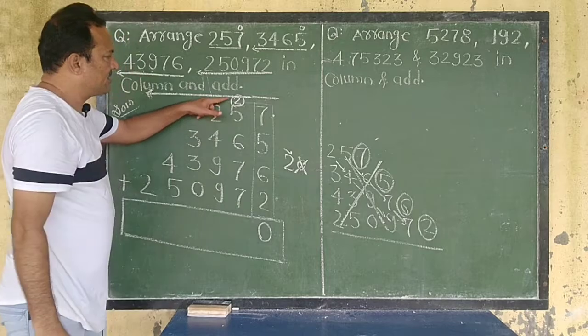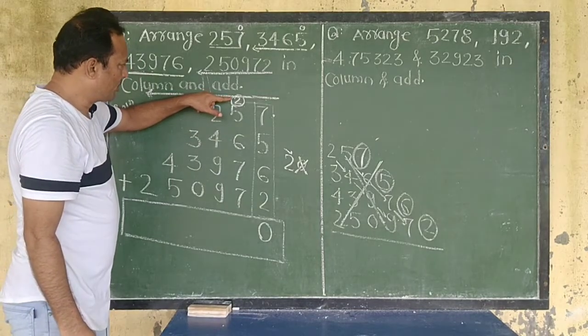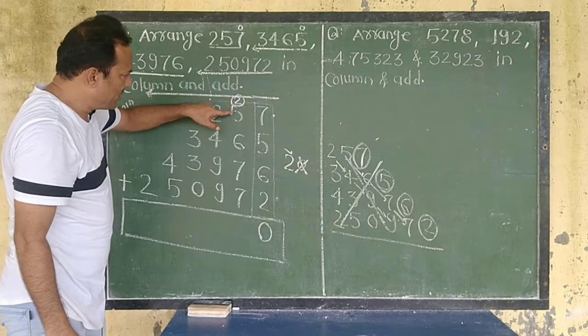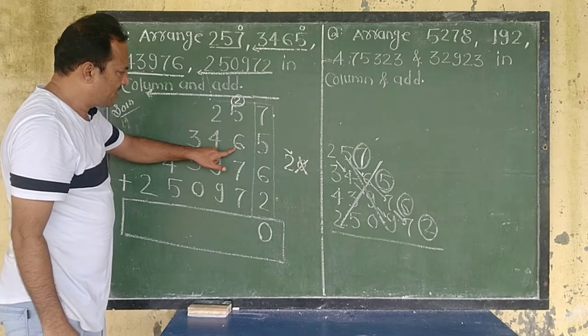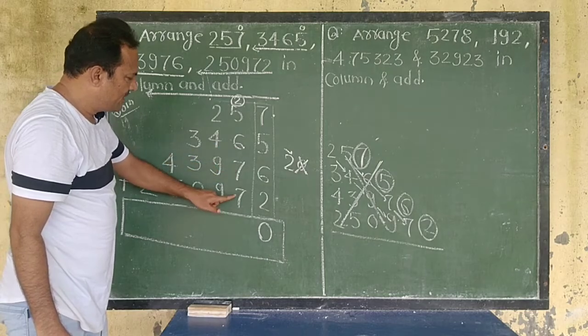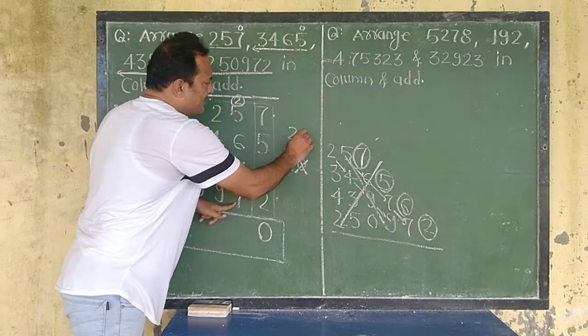First remember to add the carry. Then 2 plus 5, 7. 7 plus 6, 13. 13 plus 7, 20. 20 plus 7, 27.